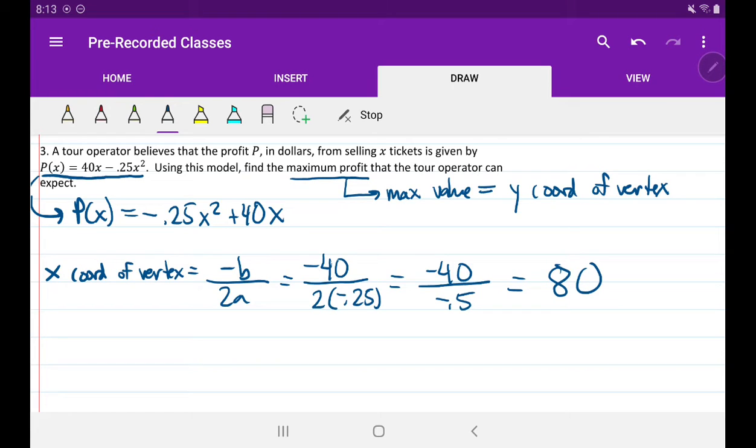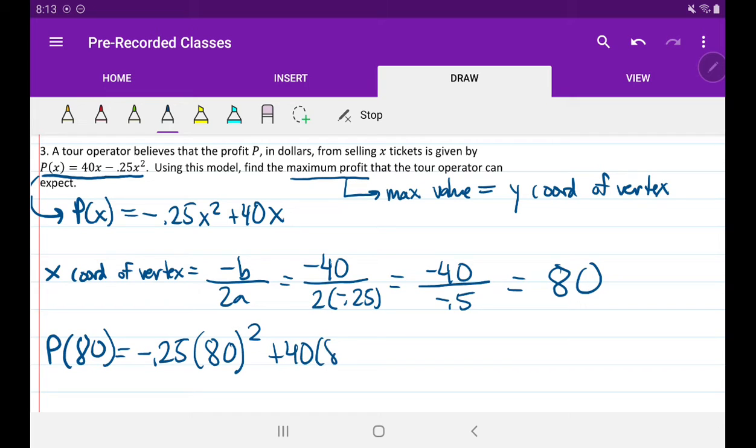So then to find the y-coordinate, we would have to plug that in. So we would do P of 80 is negative 0.25 times 80 squared plus 40 times 80.